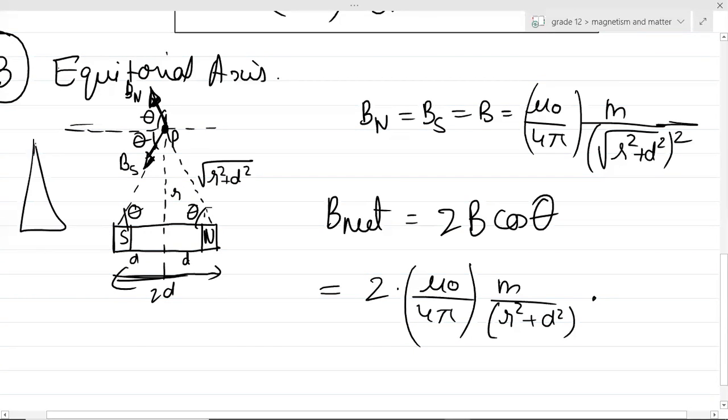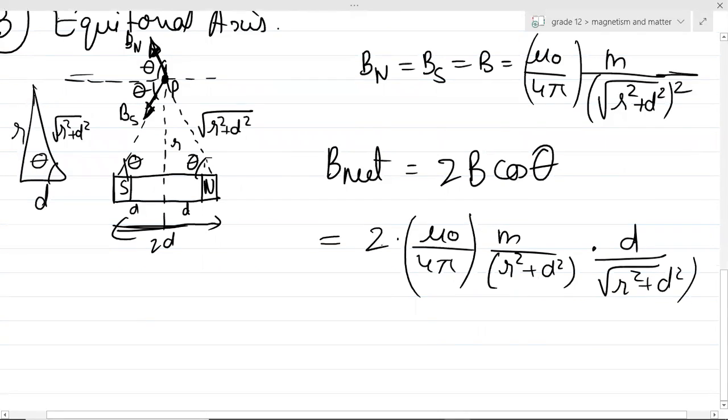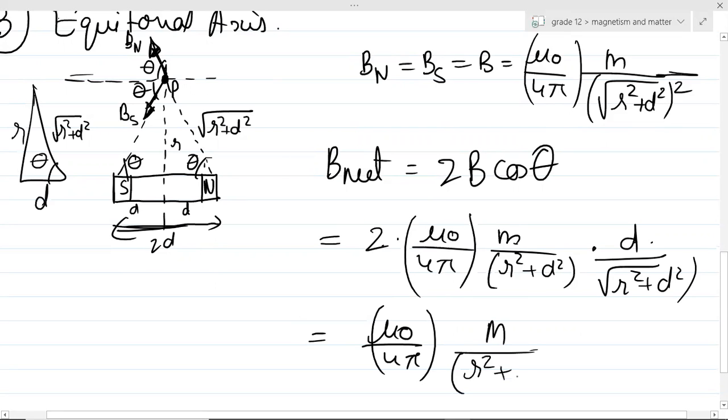Can anyone see a triangle over here? r, theta, r square plus d square. So cos theta will be d upon under root of r square plus d square. When you solve it, twice m into d will be termed as capital M, and this will be r square plus d square to the power 3 by 2. This is the net magnetic field on an equatorial position.